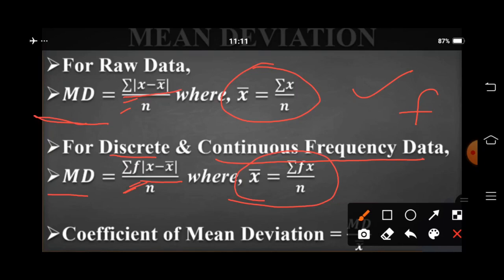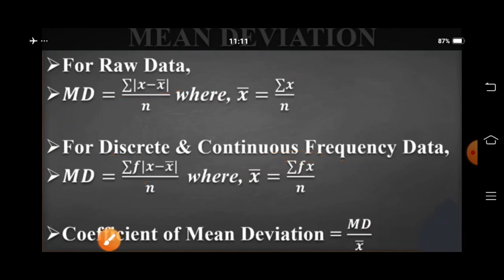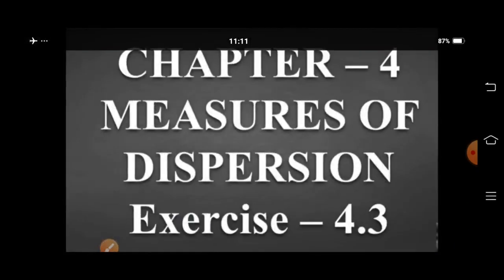Then the relative measure of mean deviation, obtained by dividing MD, the mean deviation, by x bar, is known as the coefficient of mean deviation.